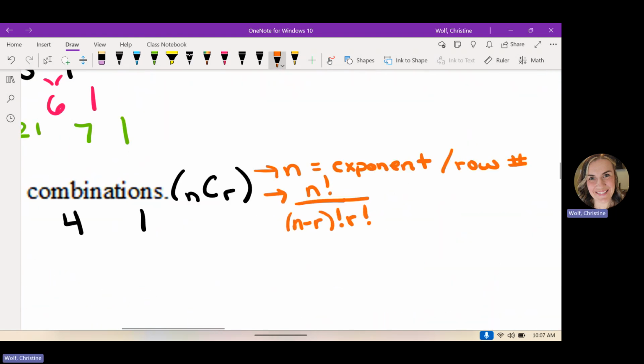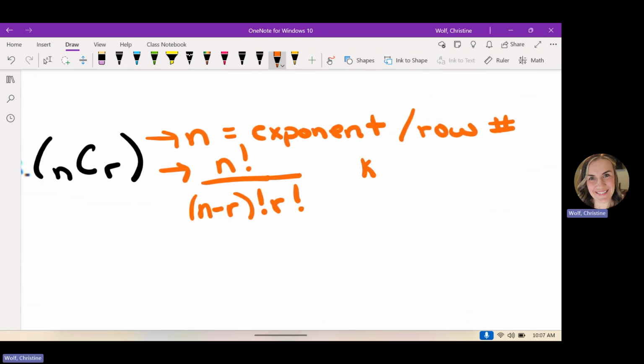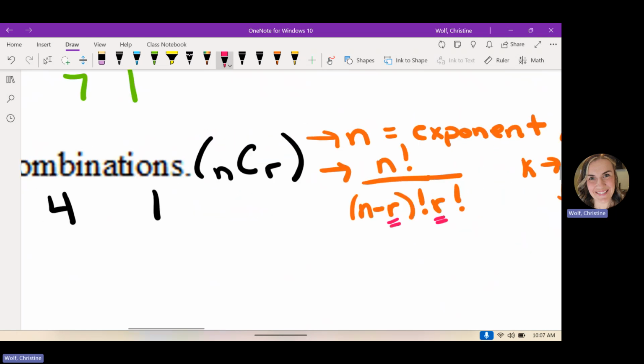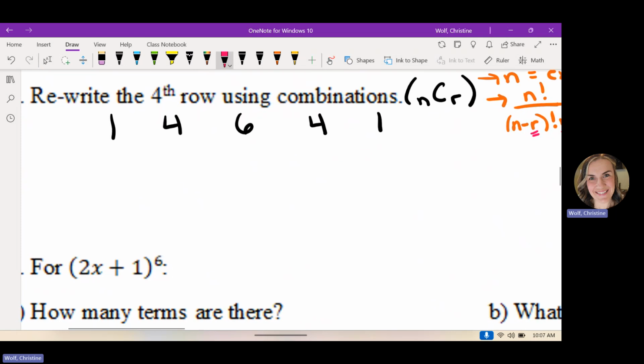So just to remind you, k is 1 less than the term you're looking for. That's up in your notes above, so you don't have to recopy this. All right, so these guys right here, we're actually going to use k's instead because we don't know what r is, because this is an actual combination word problem, right? So that's why we're going to use k. Okay, let's go back here now that we've refreshed all of that.